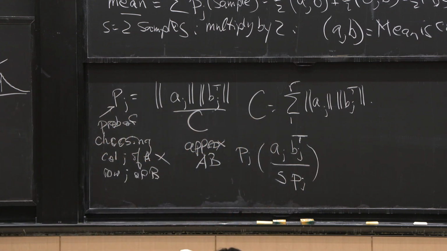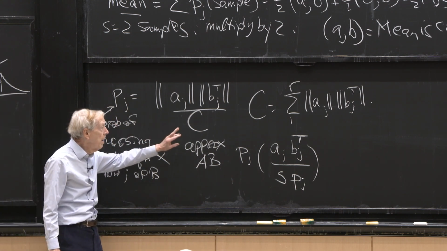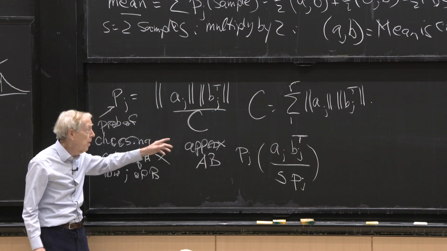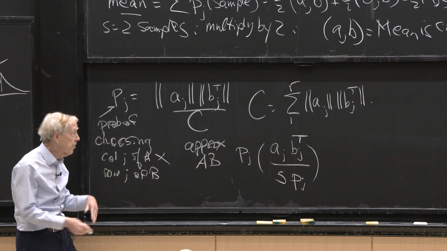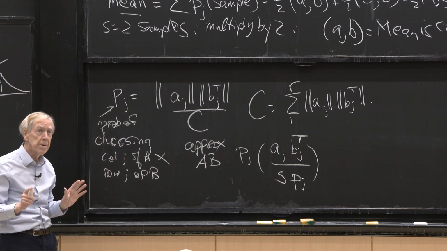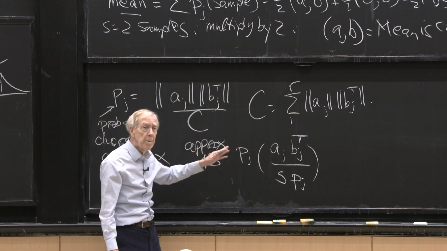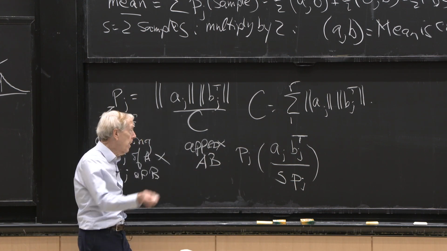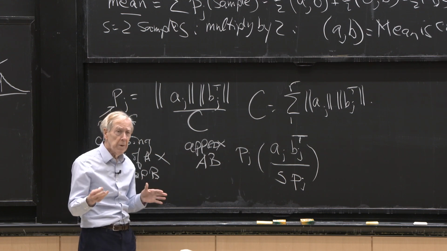I thought at first, that's weird. I went to all the trouble to pick these Pjs, claiming that these are the good ones. My claim to eventually prove at the end, first I'll have to understand how the sampling is done. That's the most important. But then when I go to compute the mean, I'll get the correct mean. And when I go to compute the variance, I'll get some expression for the variance.